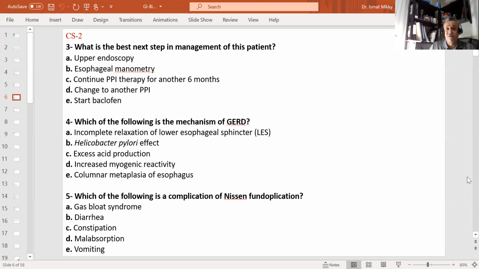And we have examples of when the pressure will be increased and which factors would lower the tone of the sphincter. So it's an incomplete relaxation of the lower esophageal sphincter, the LES, which is the cardiac sphincter. And GERD doesn't result from H. pylori.